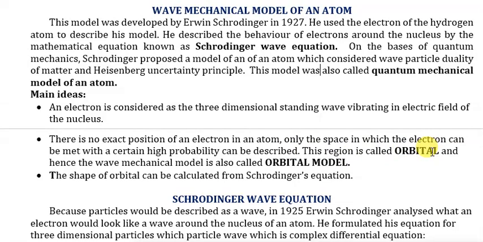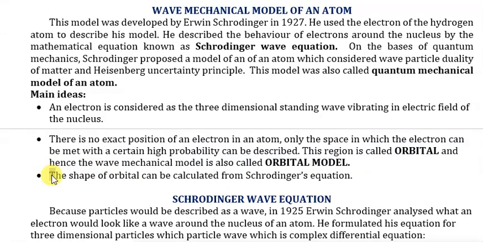Remember, orbit ni ile circular path ambayo electron inapita. Lakini hapa Schrödinger aliita jina orbital. Hence the wave mechanical model is also called the orbital model. Hapa ndipo ambapo pia hata quantum numbers zilikuja kuanzia. The shape of an orbital can be calculated from the Schrödinger equation.